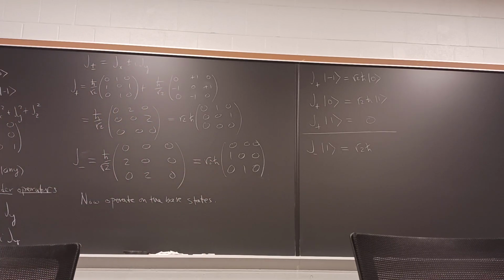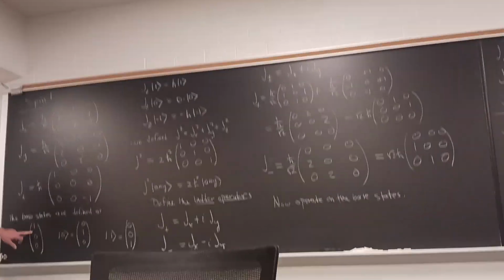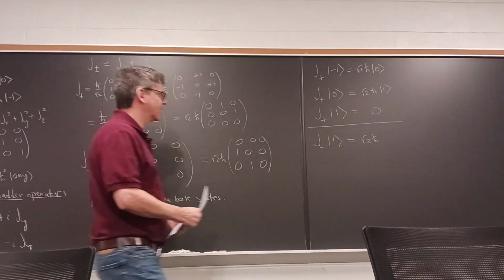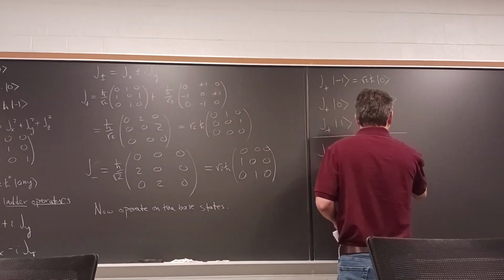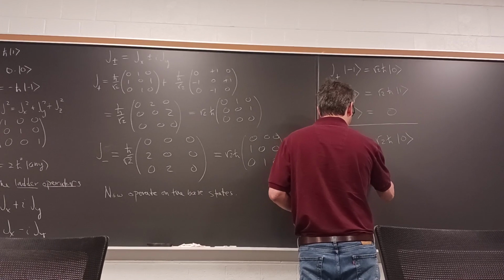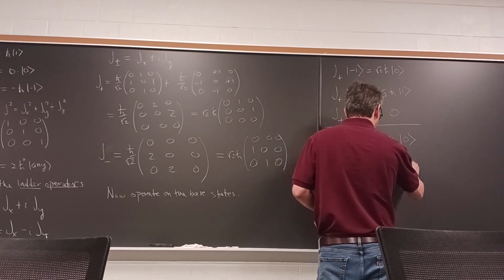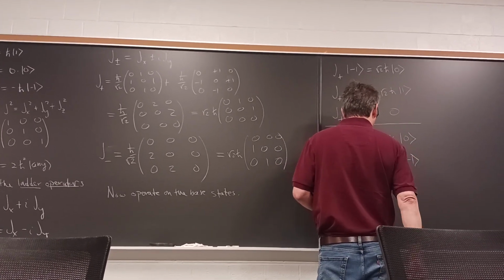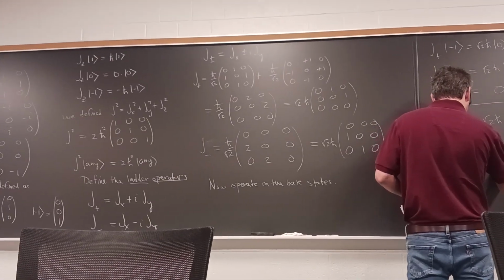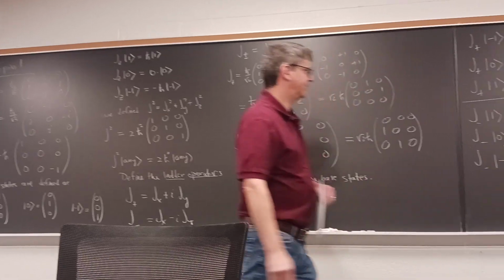So we're going to operate on this column vector, so we'll get a 0, 1, 0, which will be the middle state. So this takes us to 0. And then J minus on 0 will just give you minus the bottom state, and then J minus on the bottom state is 0.